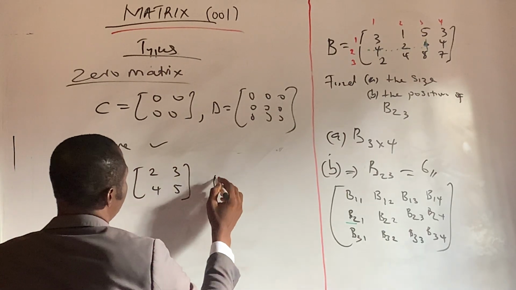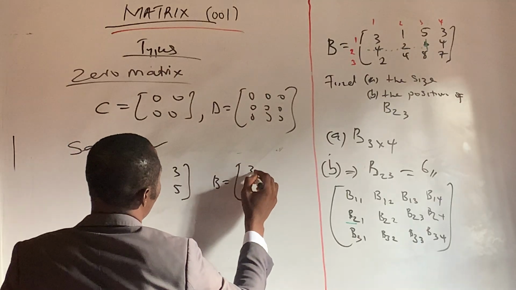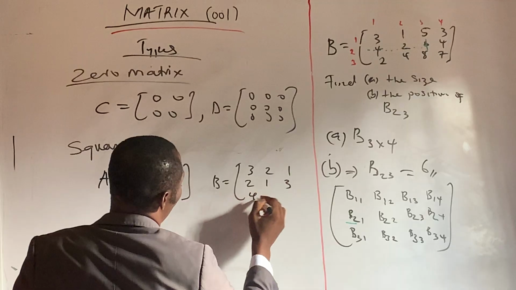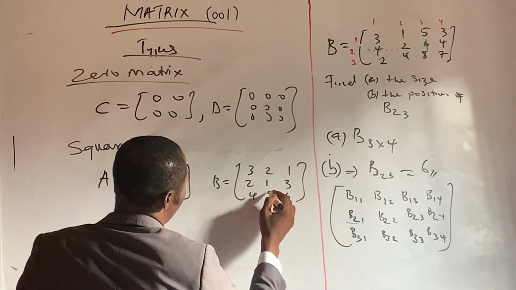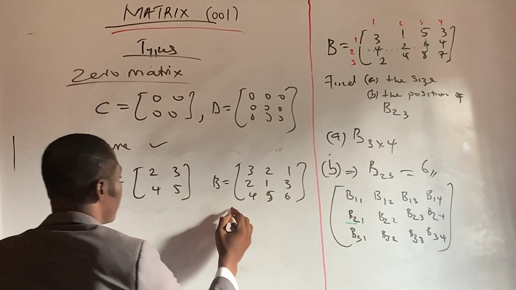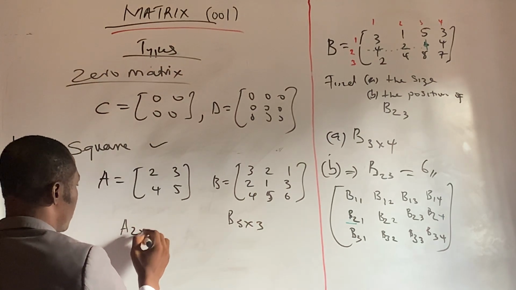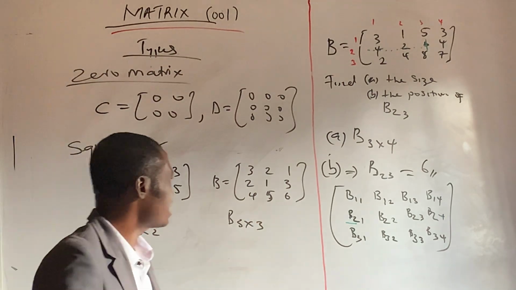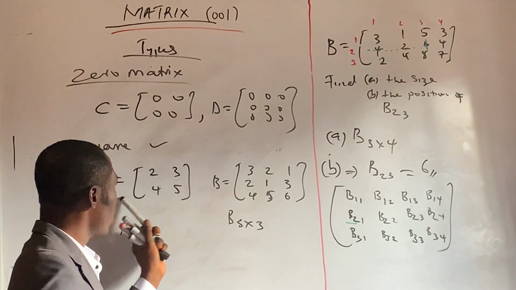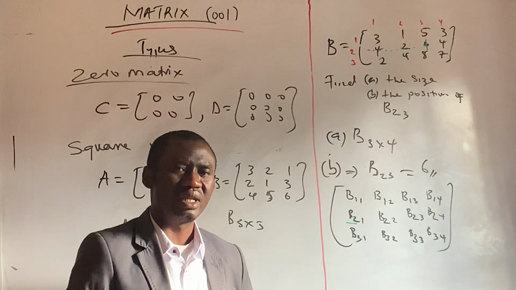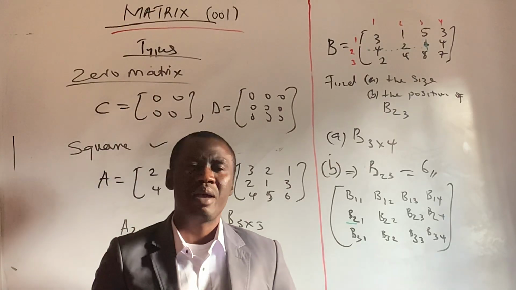We can have matrix B, which is equal to 3, 2, 1, 2, 1, 3, and 4, 5, 6. Now, B is 3 by 3, and A is 2 by 2. Understand that the row and the column are the same. It is known as a square matrix.